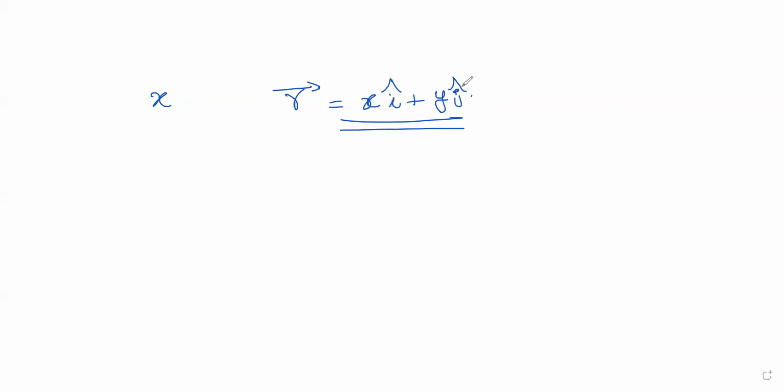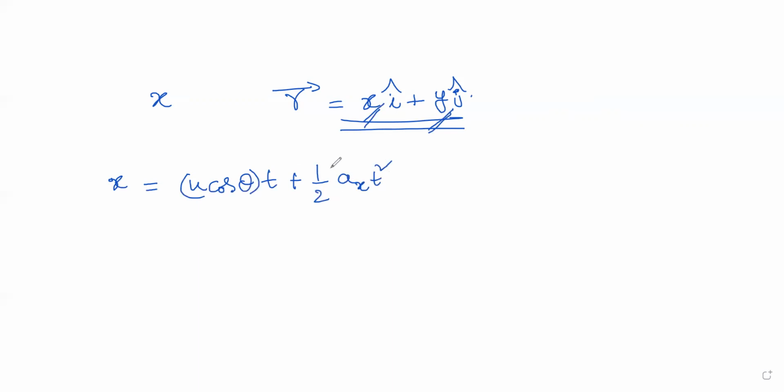Here R bar is the position vector. R bar can be written as the displacement in the x direction plus the displacement in the y direction. What is the displacement in the x direction? It is the velocity in the x direction, u cos theta, times the time t, plus half acceleration in the x direction times t square, that is, u t plus half a t square.